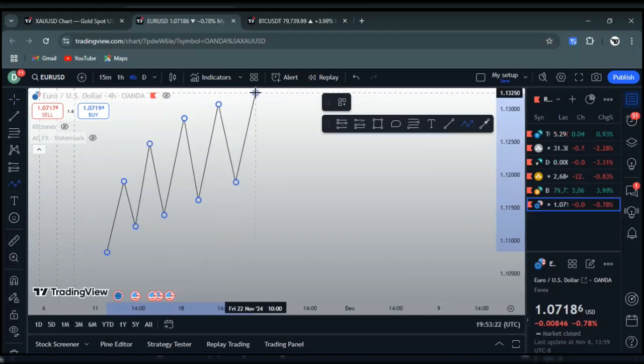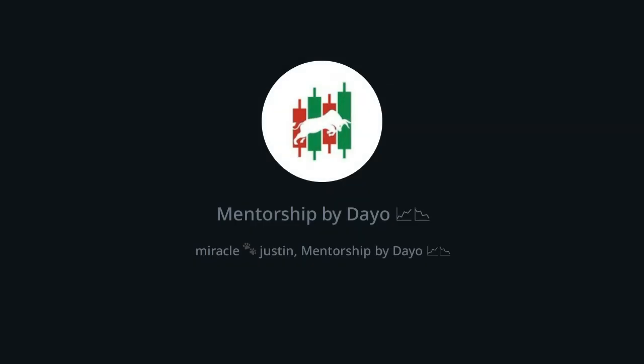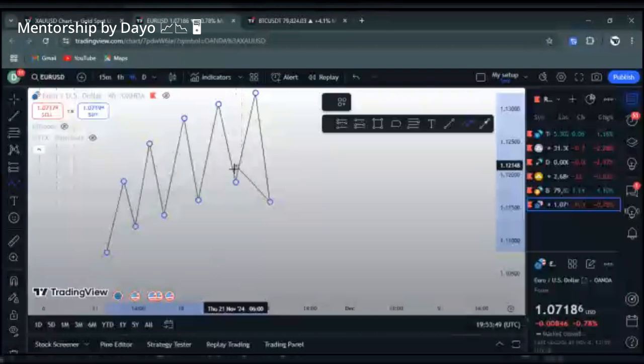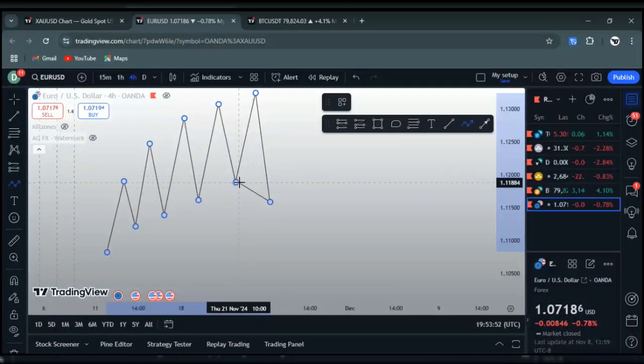Then when this low, which is a valid low, a protected low, is being taken out, knowing very well that we are not having a fake break of structure. This is a valid break of structure and this low got taken out. This low is a protected low and it got taken out. This scenario is what we call change of character. There's a change of character here.